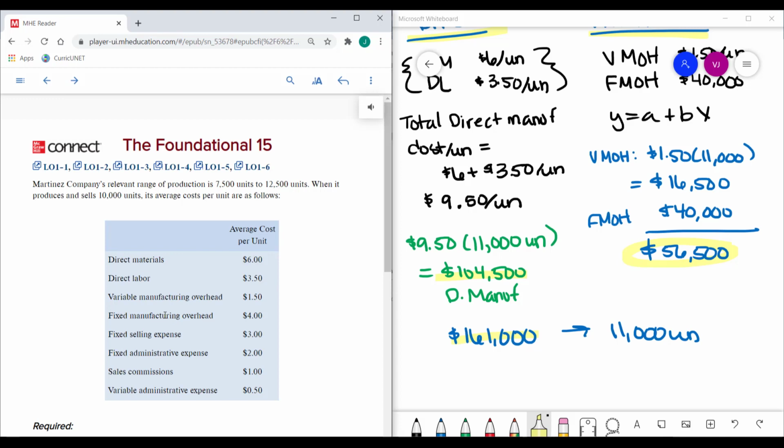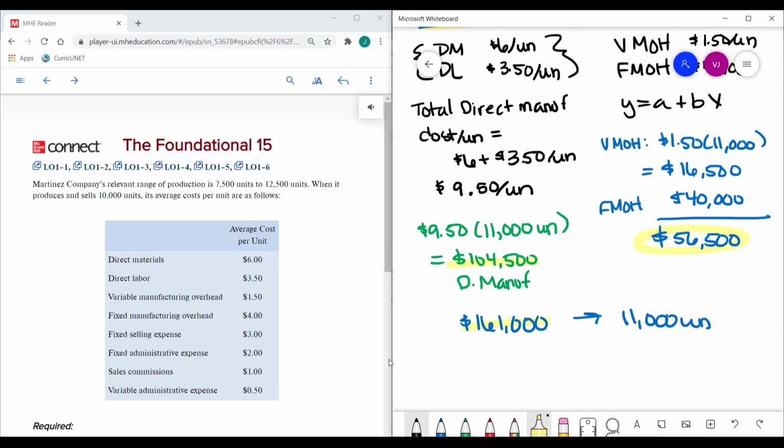So what are we going to have to spend additionally when we make an extra unit in terms of product cost? Well, we're going to have to spend $6 on direct materials, $3.50 on direct labor, and $1.50 on variable manufacturing overhead to make one extra unit.